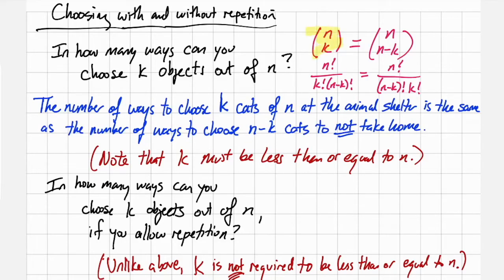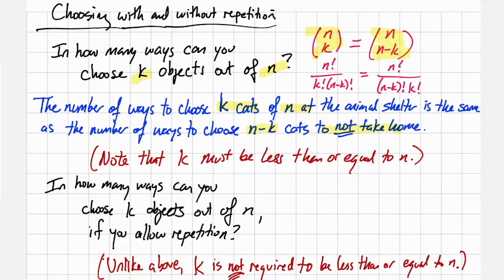N choose k counts the number of ways to choose k objects out of n. So if we went to the animal shelter and decided to take home k cats out of the n that they have, the number of ways in which we could do that is exactly the same as the number of ways to choose the n minus k cats that we are not going to take home. In how many ways can you choose n minus k cats to not take home?